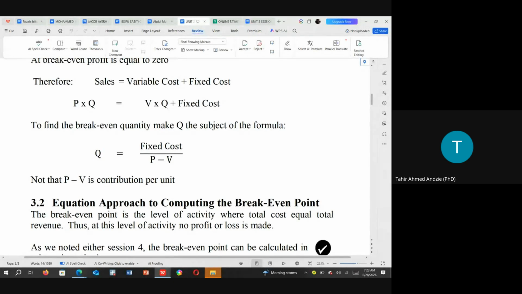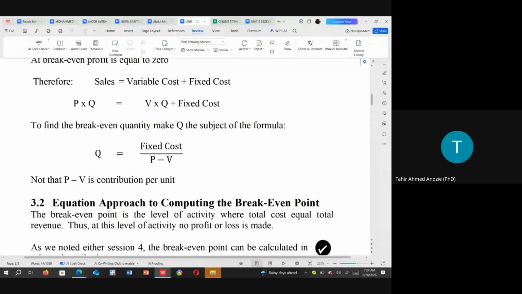The equation will then be Q into bracket P minus V, that is the quantity times the difference between the price and the variable cost, will be equal to the fixed cost, right?